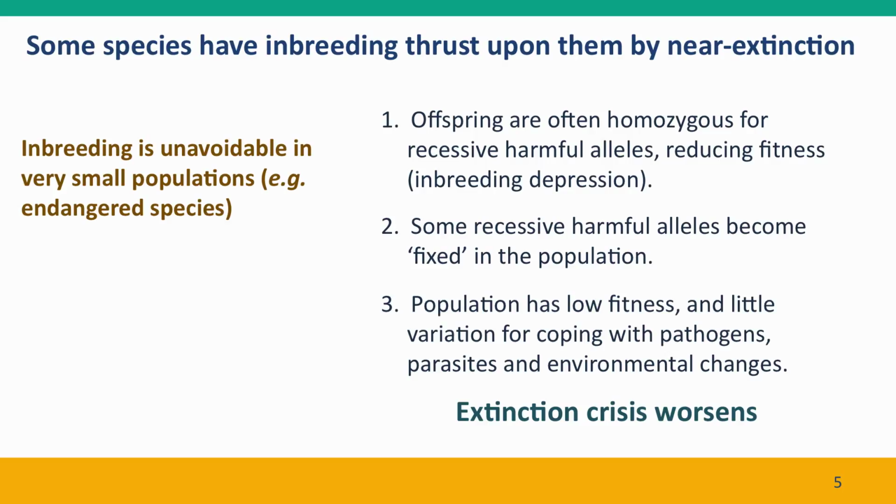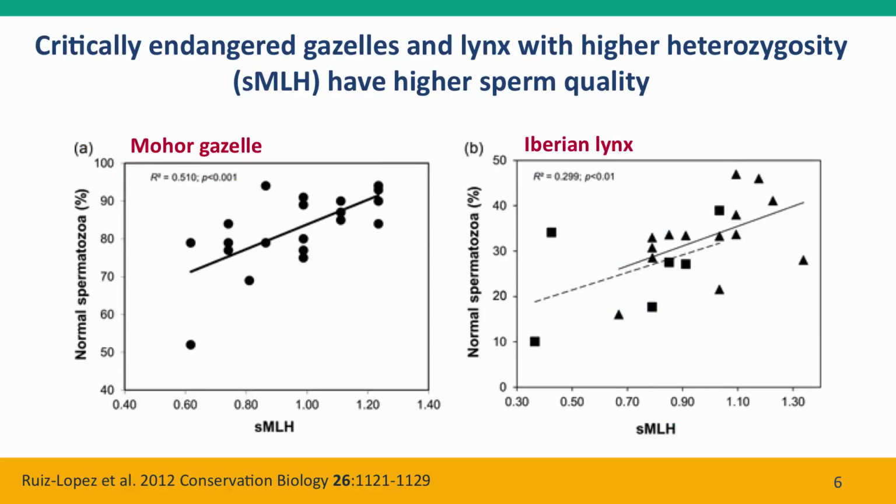Sometimes the recessive harmful alleles may become fixed in the population, established as the only allele that's present. This inbreeding depression reduces the overall fitness of the individuals in the population, but it also reduces the amount of variation in the population that would allow it to cope with changes in its environment, in particular with new pathogens or parasites.